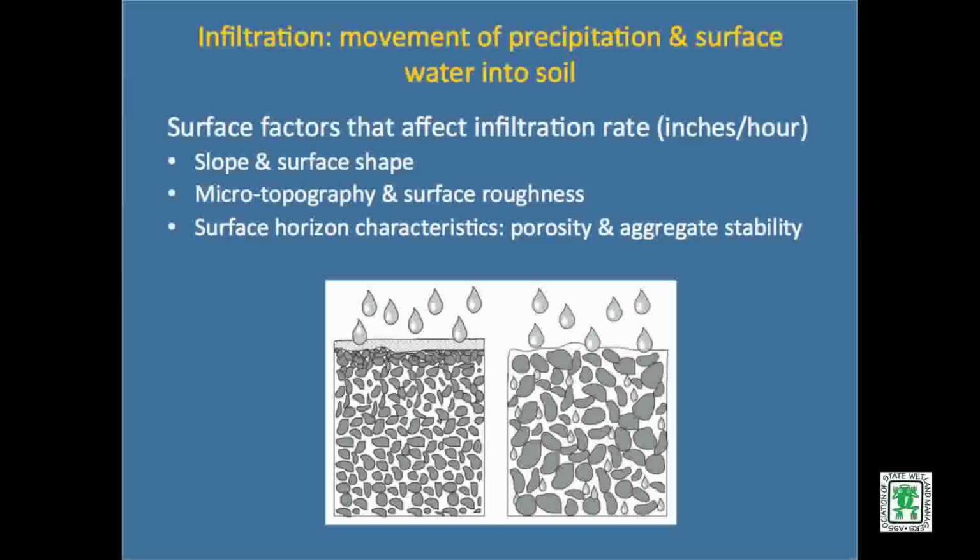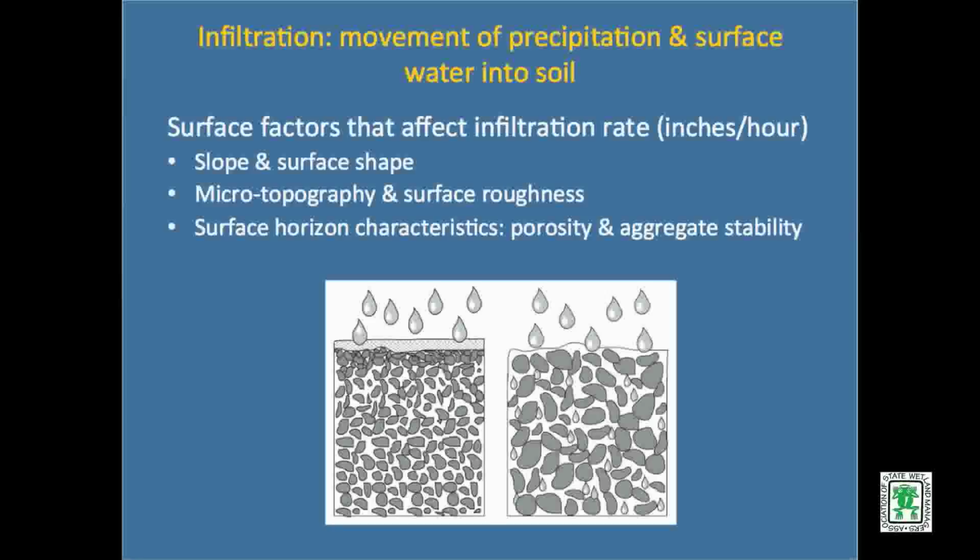We appreciate the value of wetlands in reducing stormwater runoff. This is due in part to the high infiltration capacity of hydric soils. Infiltration is the movement of precipitation and surface water into the soil. Infiltration rate, often expressed as inches per hour, is going to be impacted by slope and surface shape, microtopography, and surface roughness.